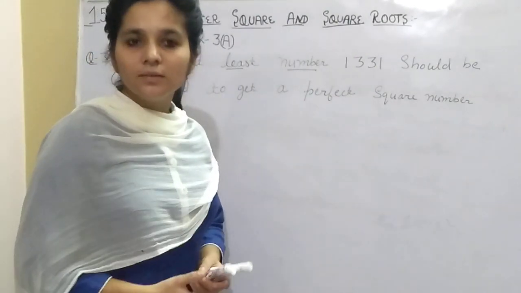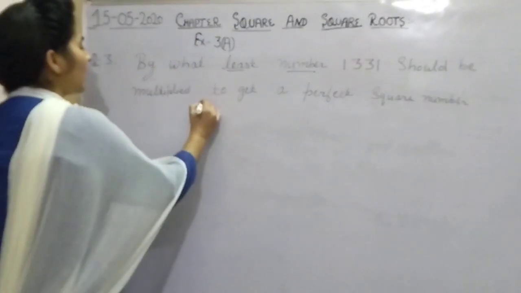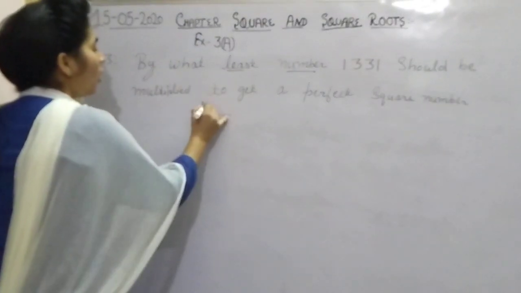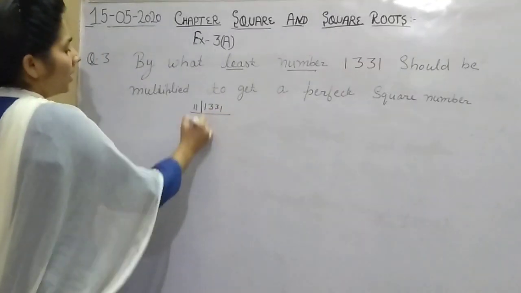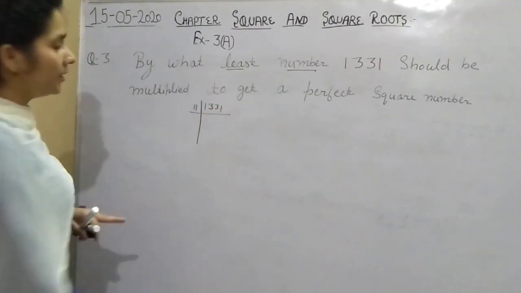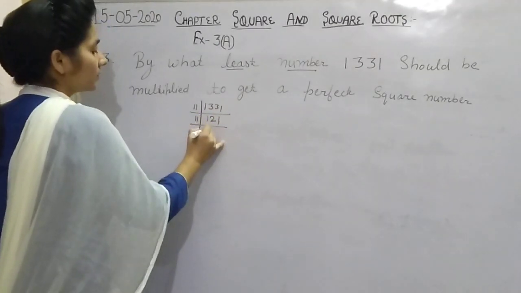Again applying the prime factorization method. Firstly, we will take the prime factorization of 1331. It is divisible by 11, giving 121.